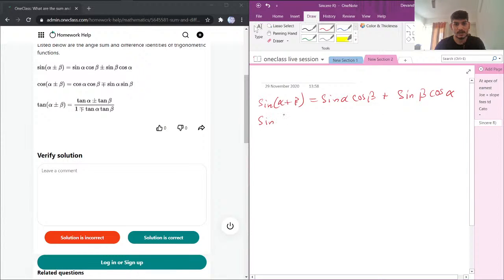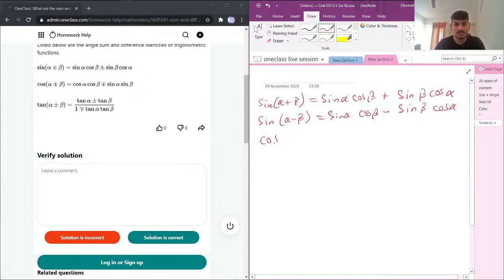Sine of alpha minus beta equals sine of alpha cosine of beta minus sine of beta cosine of alpha.